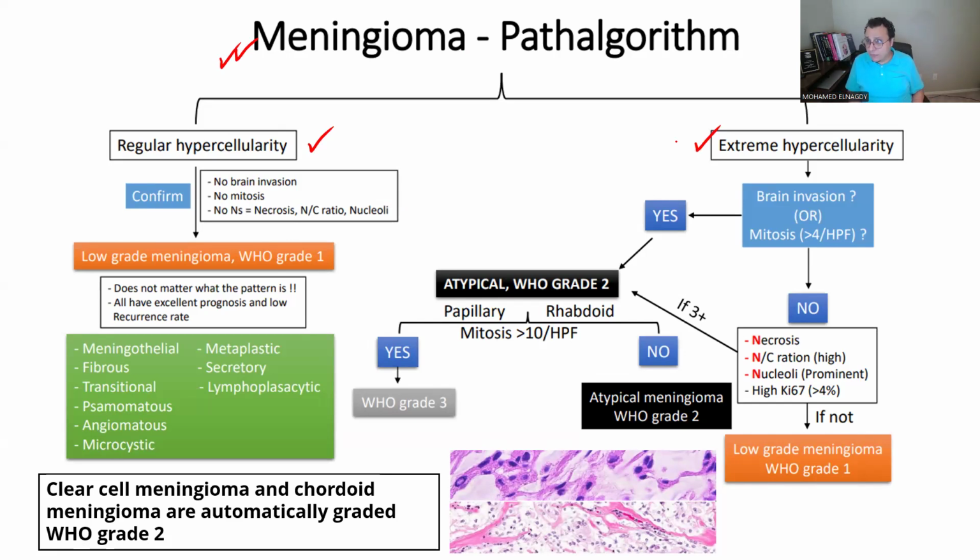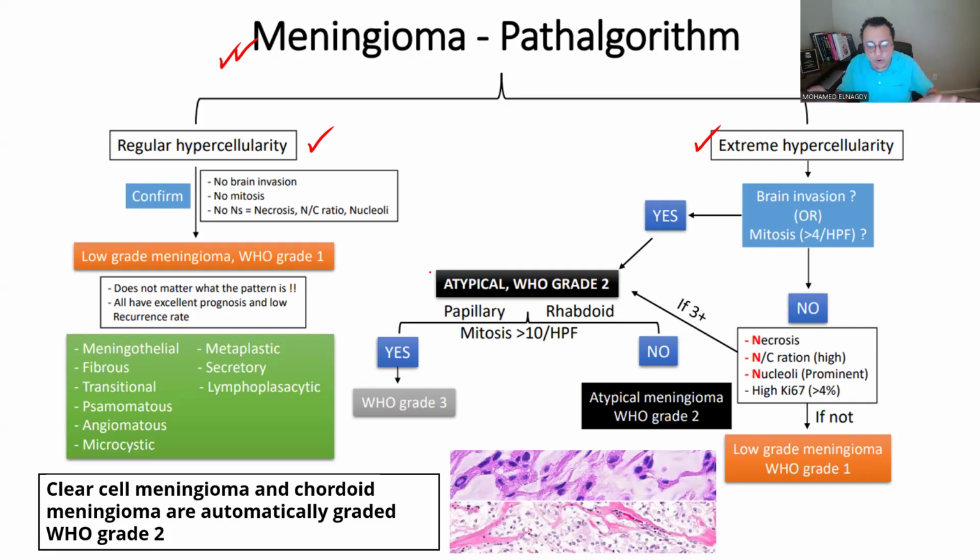Cellularity is very rough and subjective between people. Whatever you believe it might be, well, hypercellular, another person will say, no, this is not really hypercellular, it looks normal to me. But some slides and some meningiomas look clearly overcrowded.